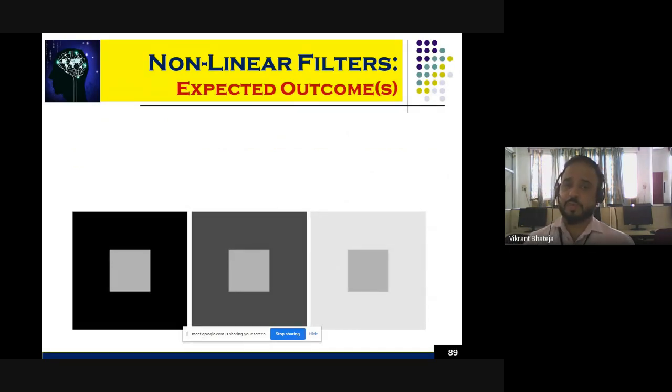Now, if you talk about the expected outcomes of these non-linear filters, there is one important concept to be understood here, known as the concept of simultaneous contrast.